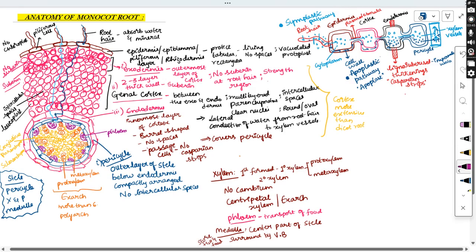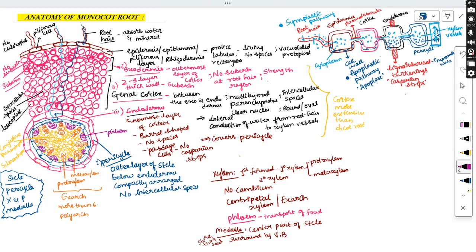Below this, the endodermis will be showing the Casparian strips, Casparian thickenings, which are helpful for the symplastic pathway. Hypoplastic water will be entering the symplastic pathway.